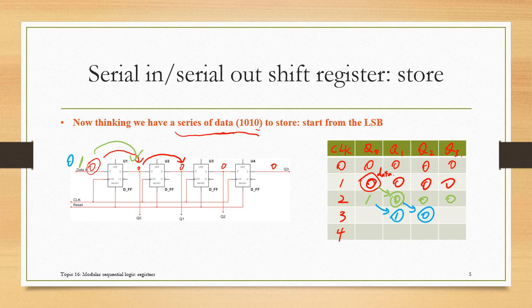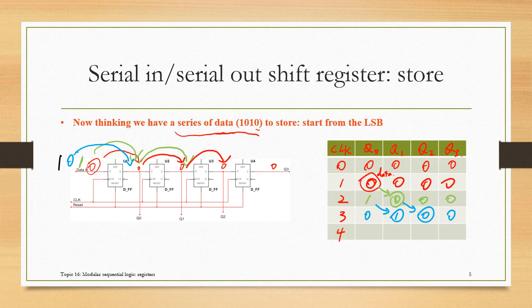And the third bit of data shows here. And this one is 0. Finally, the last bit of data, you see, in the third clock cycle. That's how it looks, right?